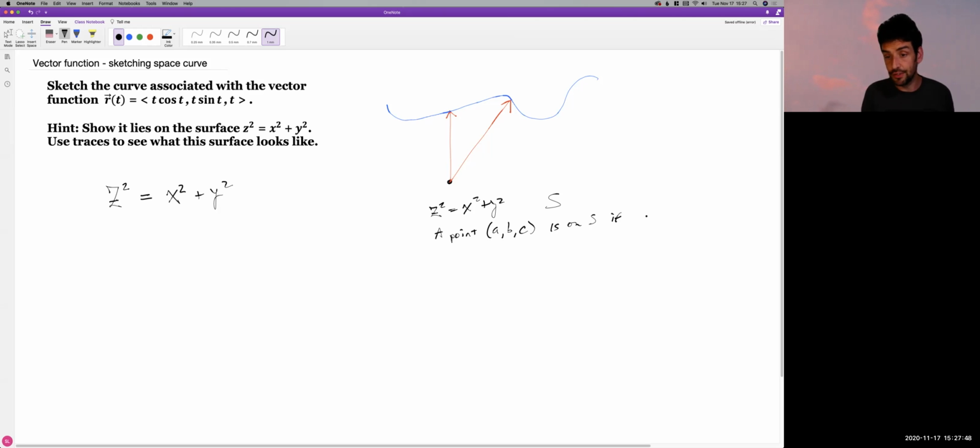In other words, if c squared is equal to a squared plus b squared. That's just what it means to satisfy it.